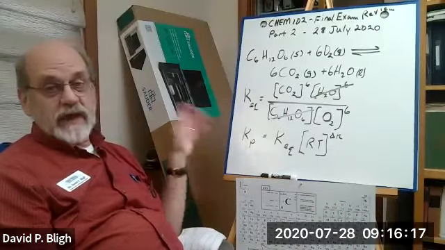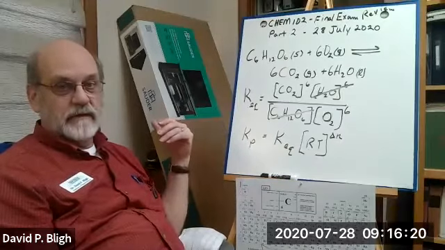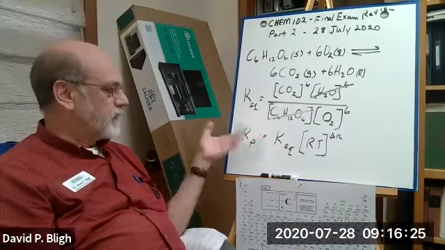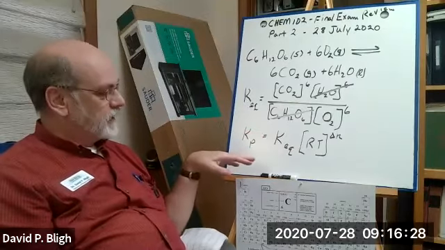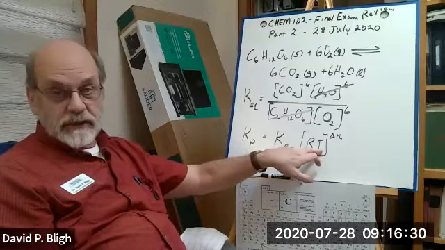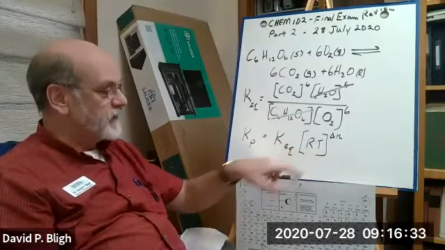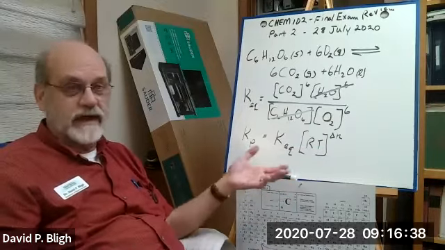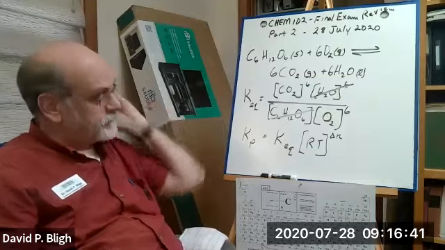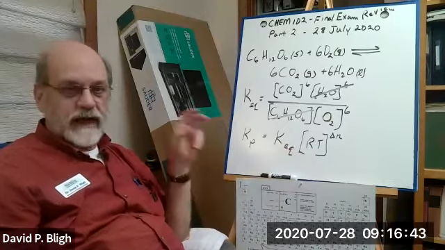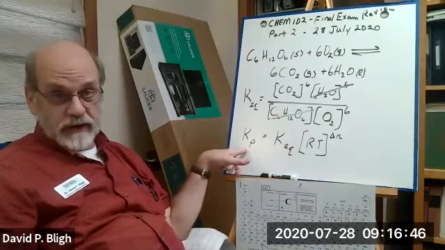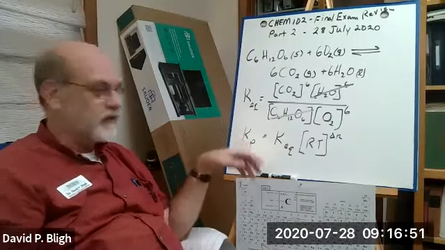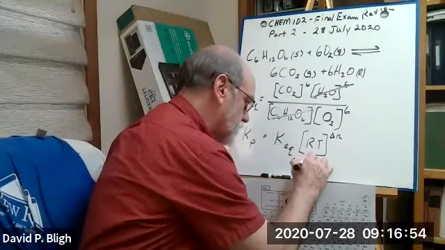The Keq and the Kp are not identical in units of measure or in magnitude, but they are related. We just need the temperature in Kelvin, whatever the temperature happens to be. If you're not told, you just assume standard temperature, which is 25 C or 298 Kelvin. And the R is the one that has a pressure term in it, the one with liter atmospheres per mole K, which is 0.08206.